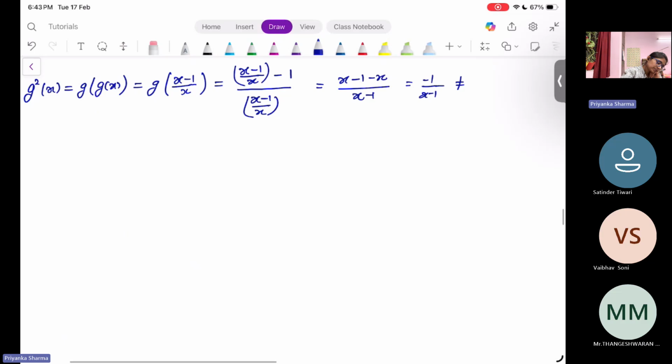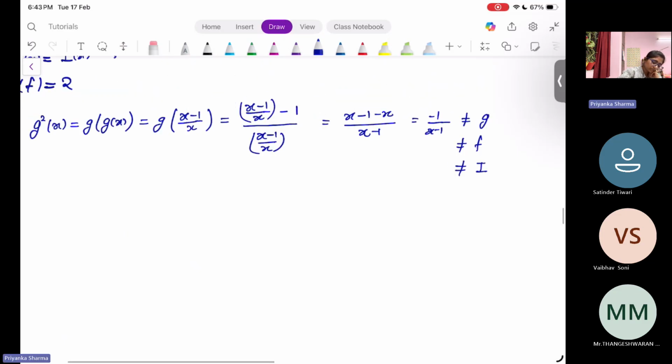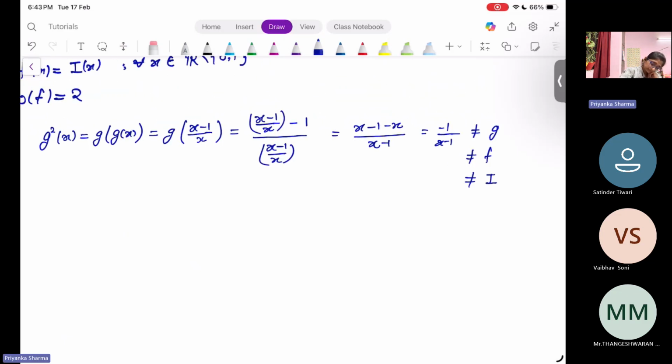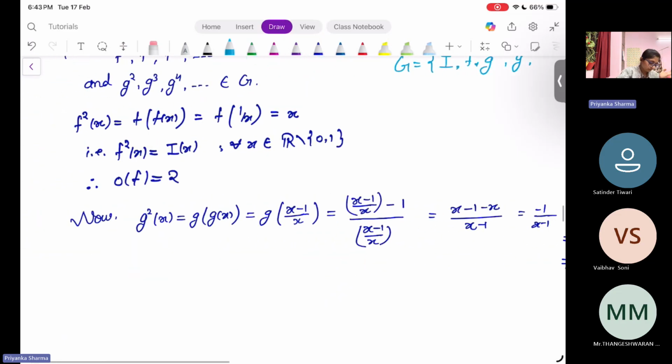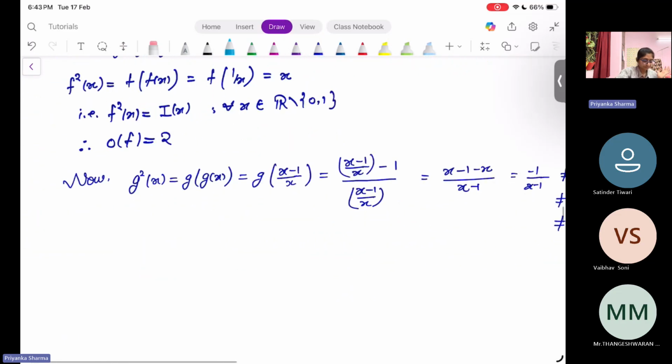Now, this is neither g nor f nor identity function. Okay, so this is something other than previous elements. So G square will be in the group again. Okay, means order of G is greater than 2.